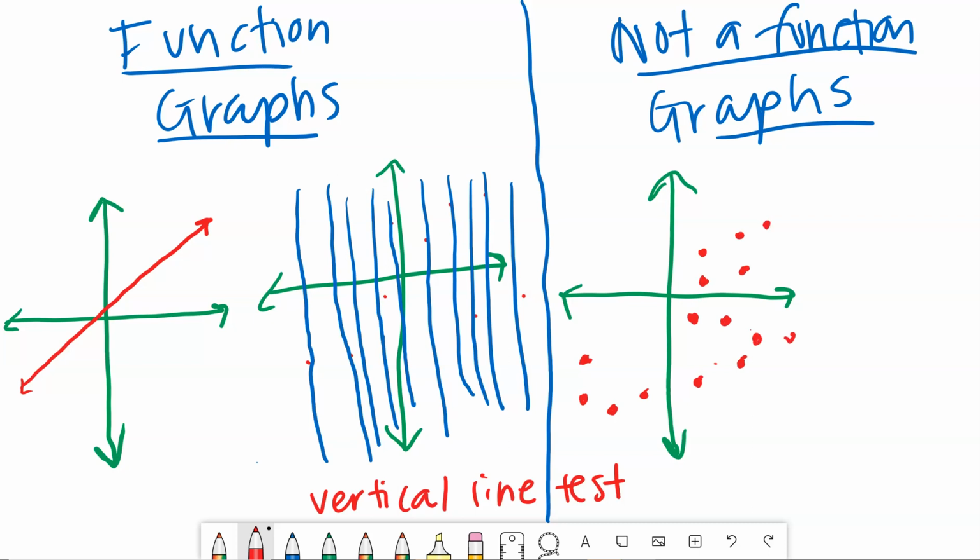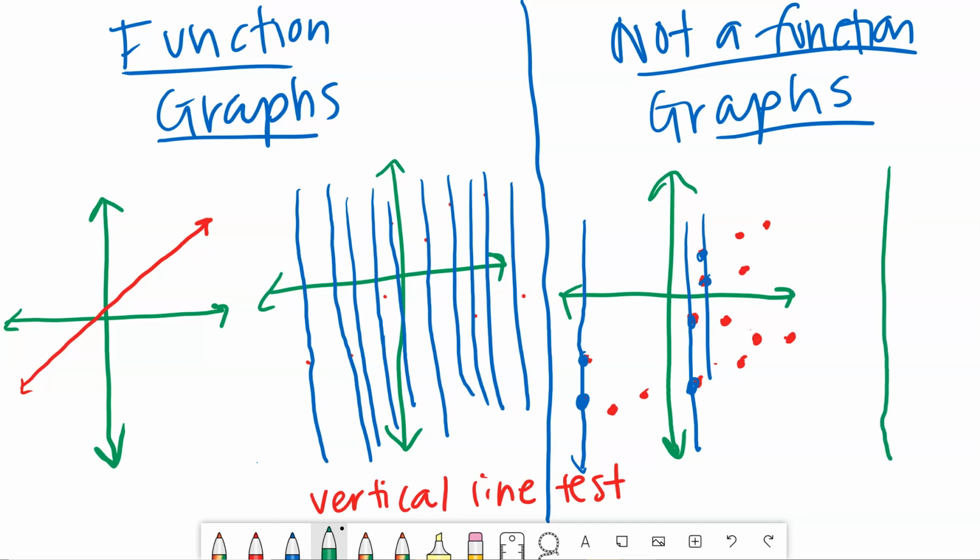But you can definitely see here, just looking at this one right here, they are on the same line. So this one, they're on the same line, and this one, they're on the same line. So this one is not a function. Okay. So you will definitely have better examples for graphs as long as you do a vertical line test. There cannot be more than one point on a line.